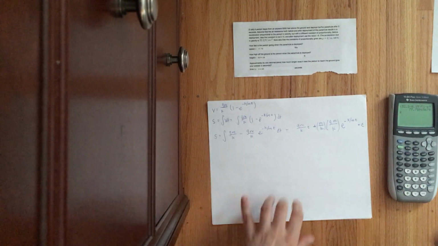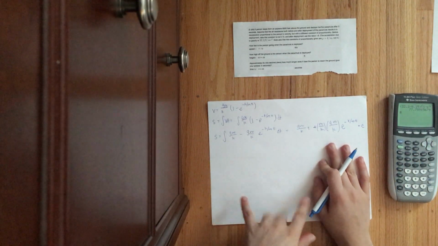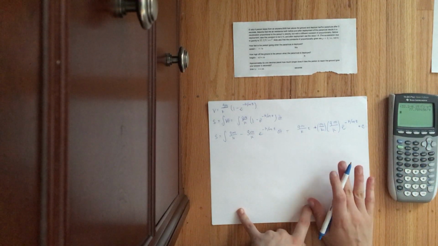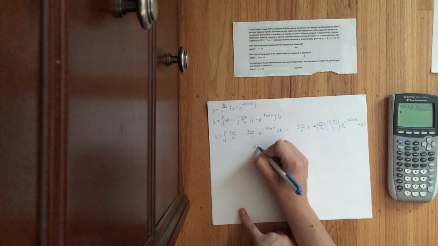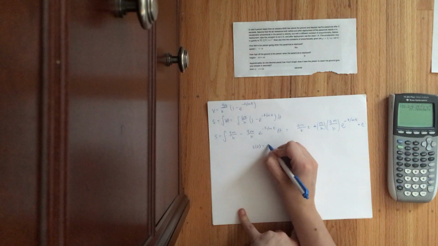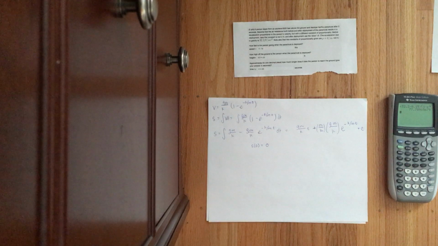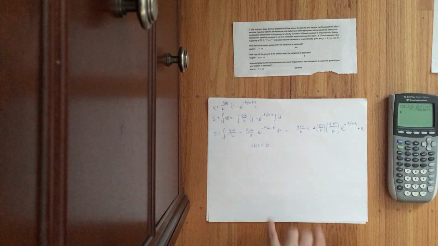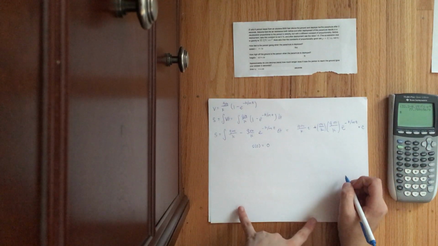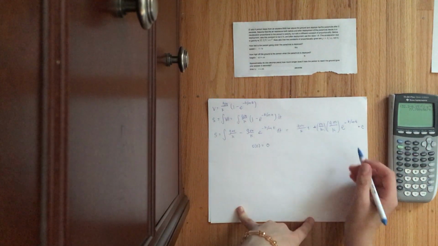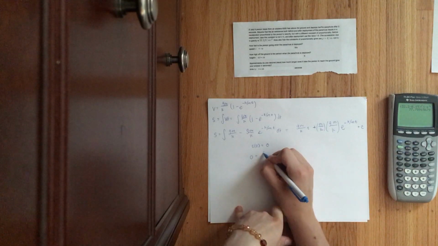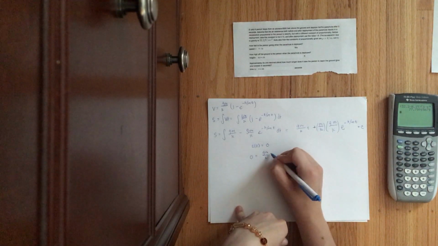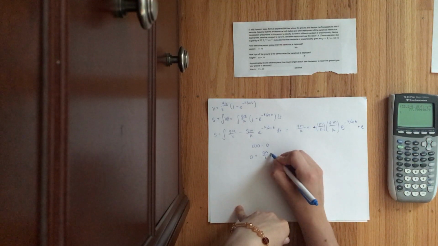Okay, so let's find c. So we know that the distance at time 0 is equal to 0 feet. He hasn't fallen anything yet. That's when he first jumps out of the plane. So he hasn't moved yet. So we're going to plug in 0 for both t and s. So we're going to say 0 is equal to gm over k t, or, whoops, 0.